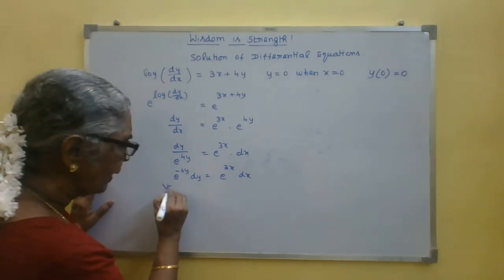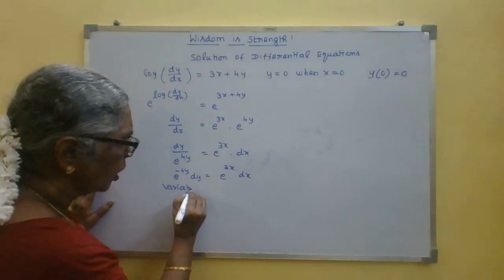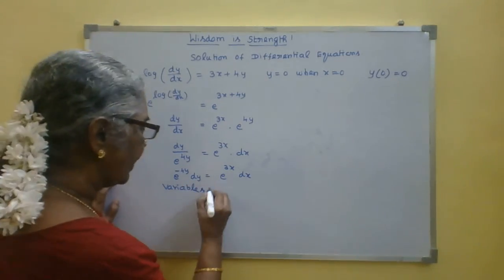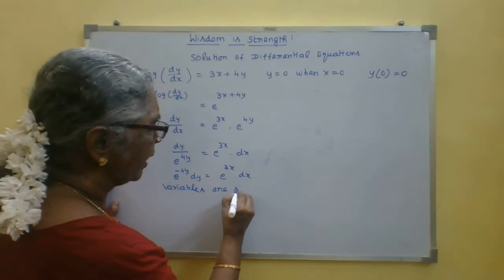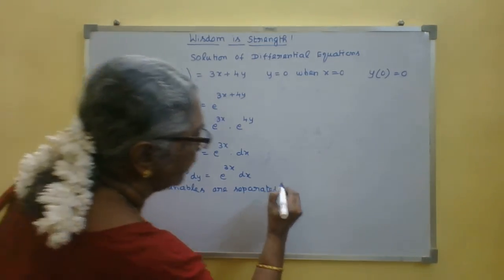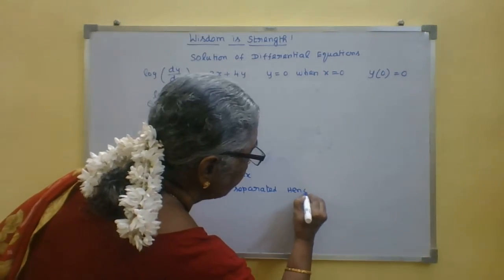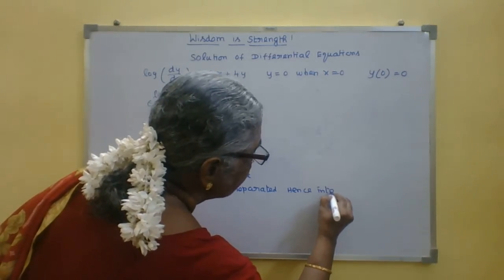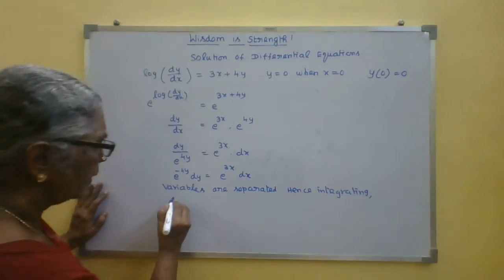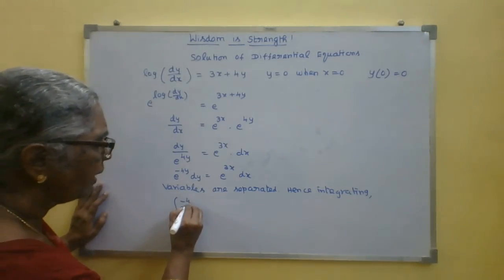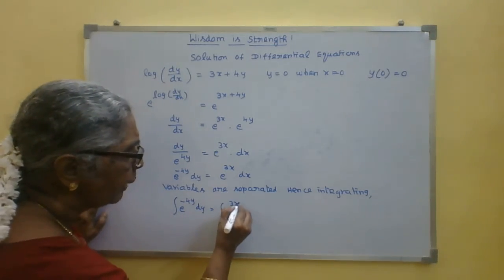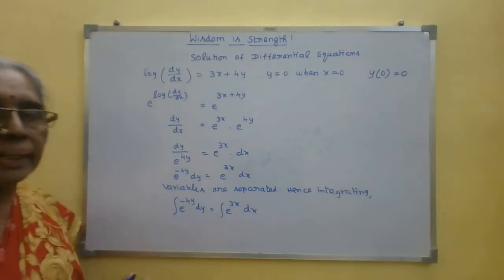Now the variables are separated because we have got the y terms and dy here and the x term and dx here. So the variables are separated. So now you have to integrate. So hence, integrating, what will we get when we integrate? Integral e power minus 4y dy, that is equal to integral e power 3x dx.